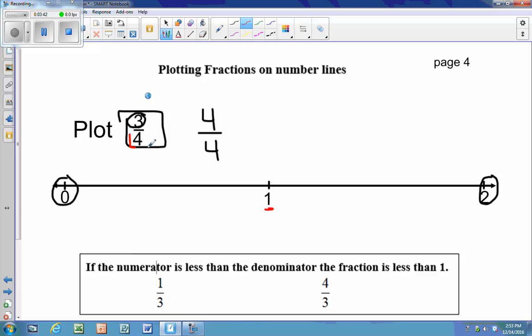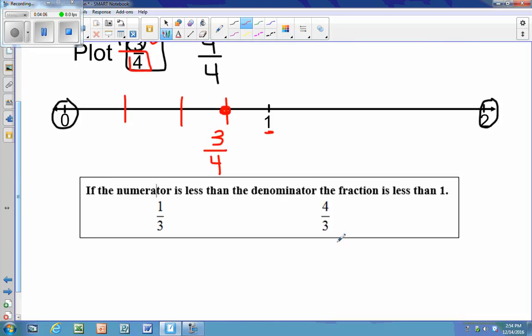So now I look and the 4 tells me to split it up into 4 equal pieces. 4 equal pieces means to draw 3 lines, which will give me 4 pieces: 1 piece here, 1 piece here, 1 piece here, and 1 piece here. And I want to go to the third line. 1, 2, 3. I draw a point and I label it 3/4.